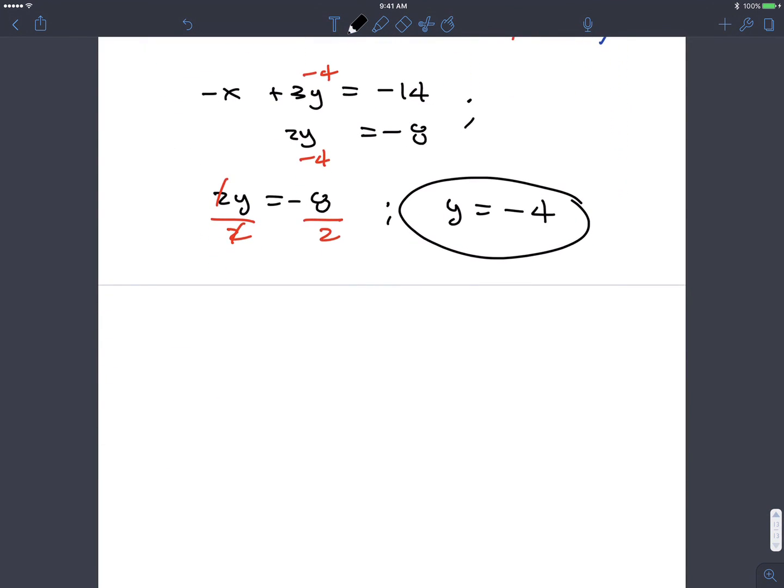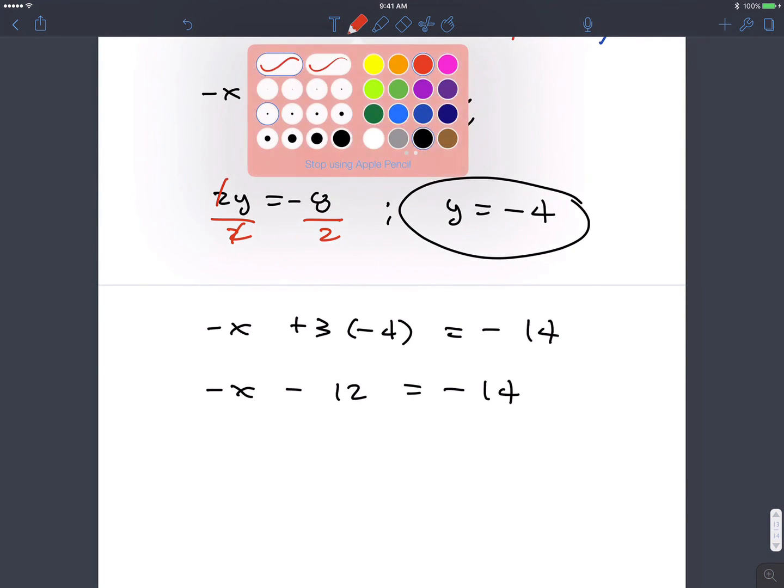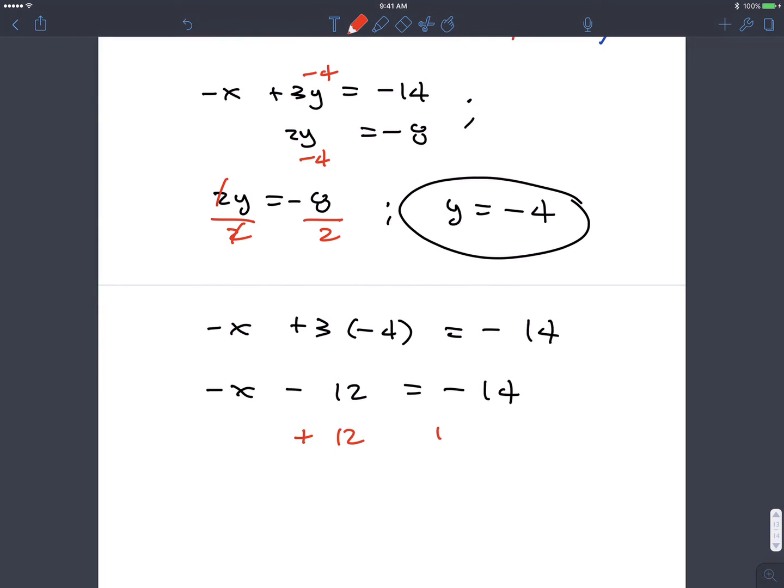So that first equation is negative x plus 3 times negative 4 is negative 14, or negative x minus 12 is negative 14. We can add 12 to both sides.